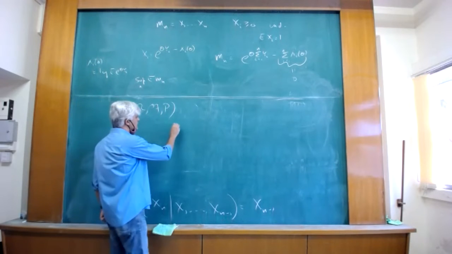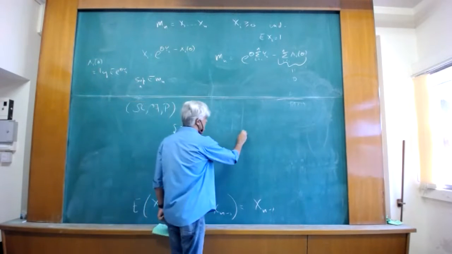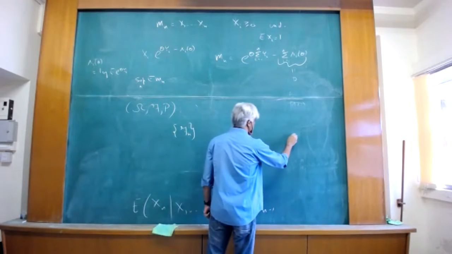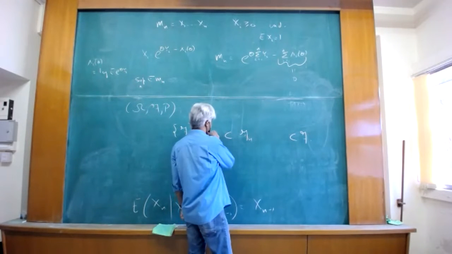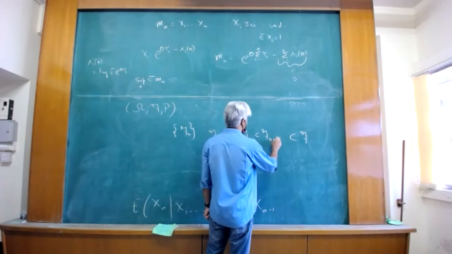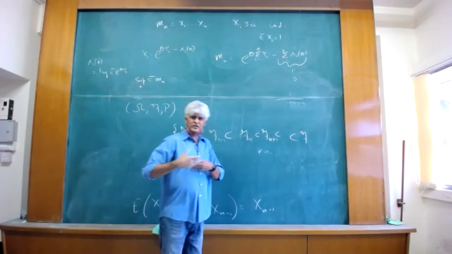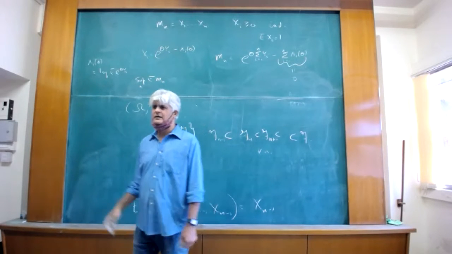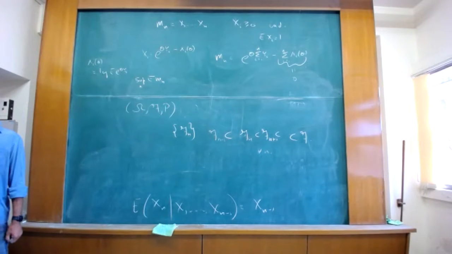It's just a collection of sigma algebras, where each Fn belongs to F and it's increasing. So it's a sequence of increasing sigma algebras, all of which belong to F, and that collection of sigma algebras is called a filtration.